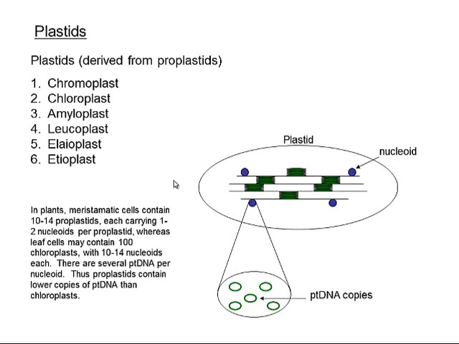So basically you're introducing a bottleneck by going through meristematic cells containing proplastids, where it's relatively easy to get rid of the non-transformed copies of plastid DNA. So initial transformation with green tissues with chloroplasts, selection using meristematic tissues containing proplastids.